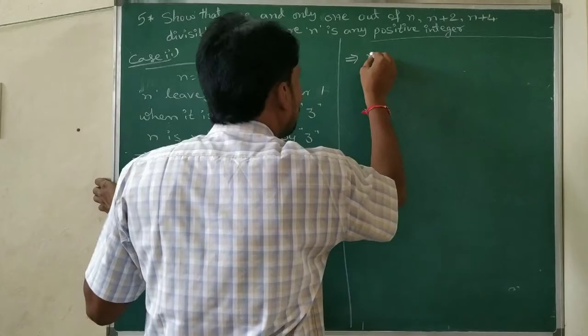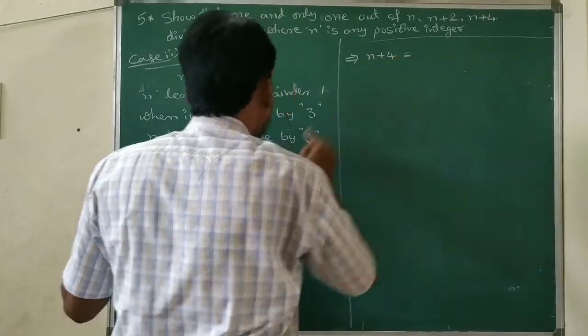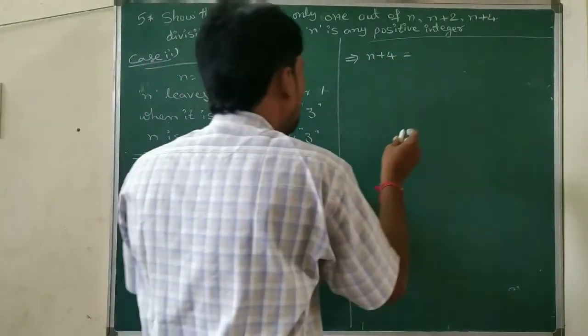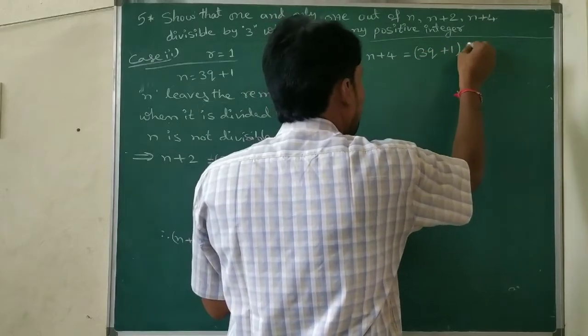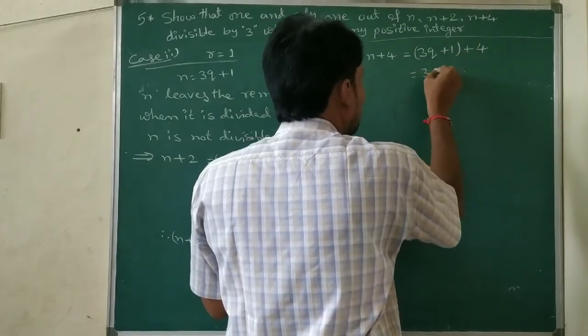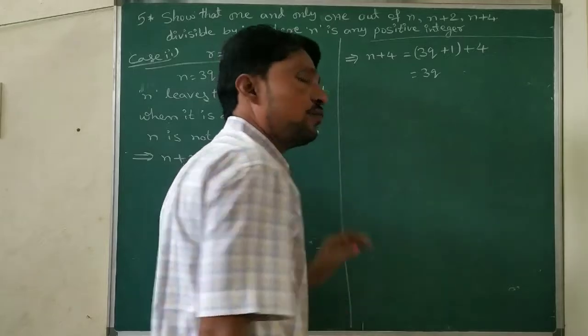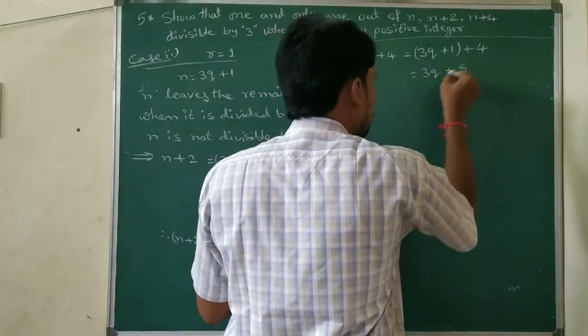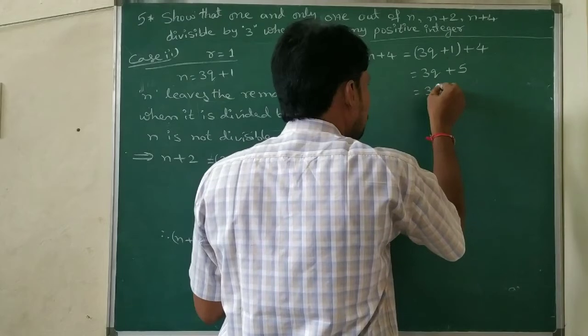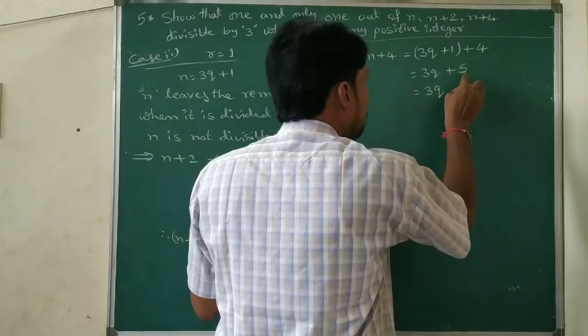Now n plus 4. So the n value here is 3q plus 1. 3q plus 1 plus 4, that equals 3q plus 5.